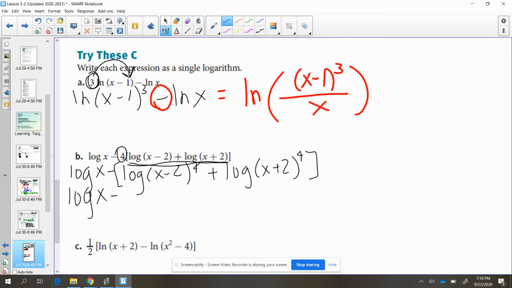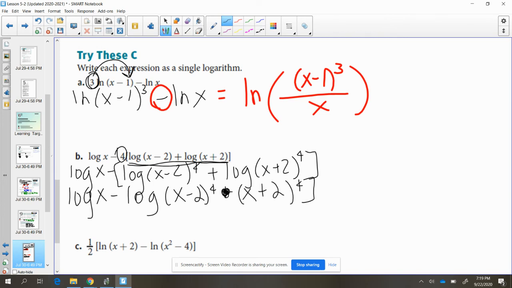So we have log of x minus log of (x minus 2) to the fourth, multiplied by, because the addition turns into multiplication, (x plus 2) to the fourth, okay? Now, another way of looking at this is that because these were conjugates of each other, they actually could be combined further inside here, but we'll ignore that fact for a second.